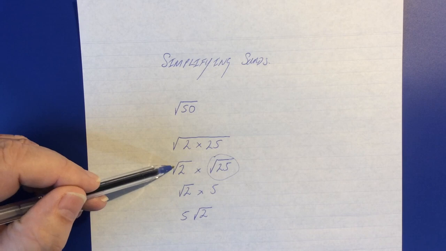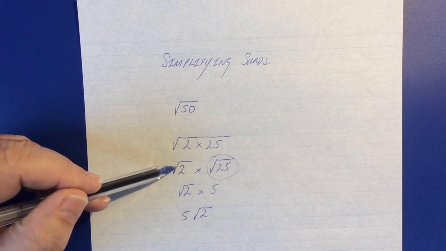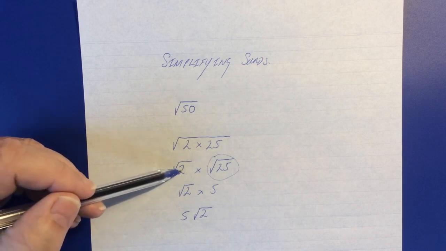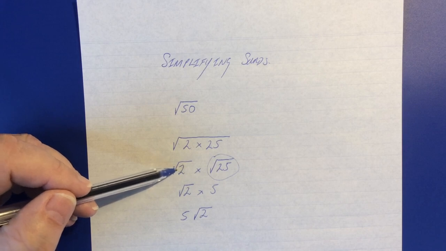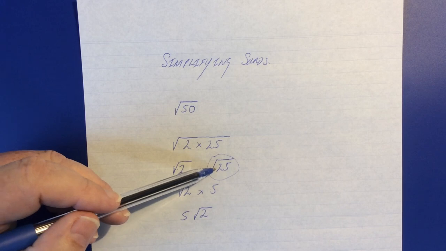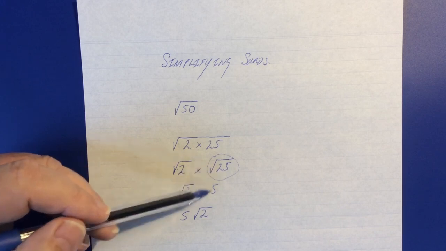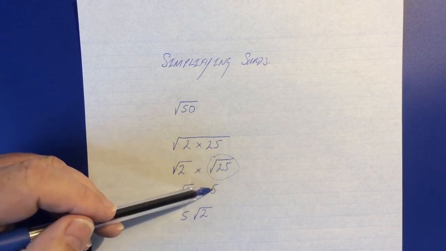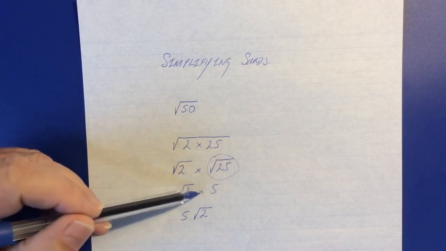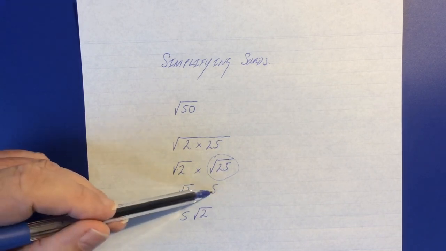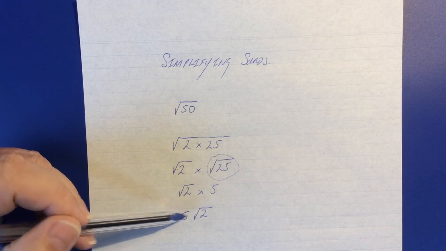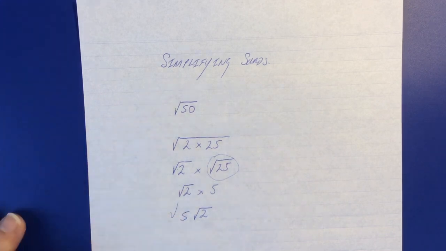This is a genuine surd, it's an irrational number. It's an endless calculation to find the value of this. This is not so. It's a square number. The square root of 25 is 5. The square root of 2 times 5 is the same as writing 5 root 2, and that's our answer.